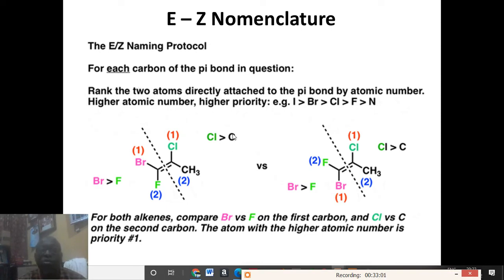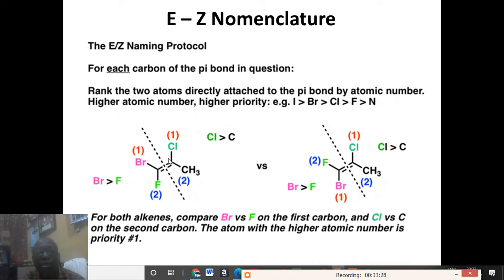This is what we just described, that you rank the groups. Here is a typical example. We consider this carbon and this other carbon. The groups bonded to this carbon are bromine and fluorine. Because bromine has a higher atomic number than fluorine, bromine is ranked priority 1 and fluorine 2.